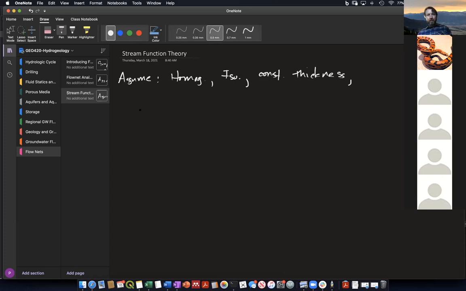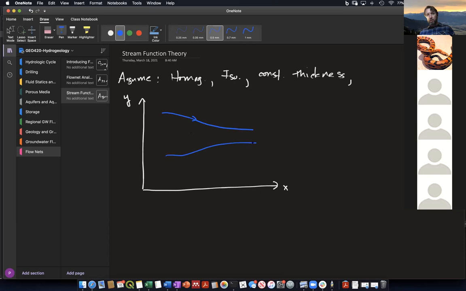And again, I'm going to draw a stream tube here, and we'll do it in this plane. So here's the X, here's the Y. But now I'm going to think about a stream tube that changes in size.